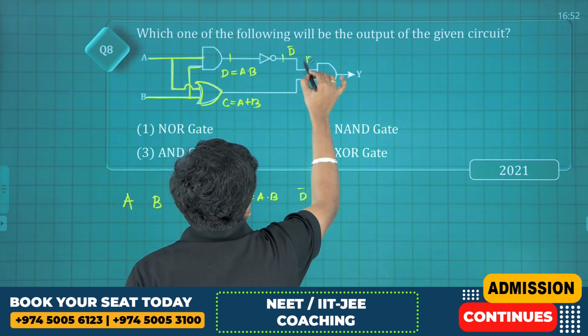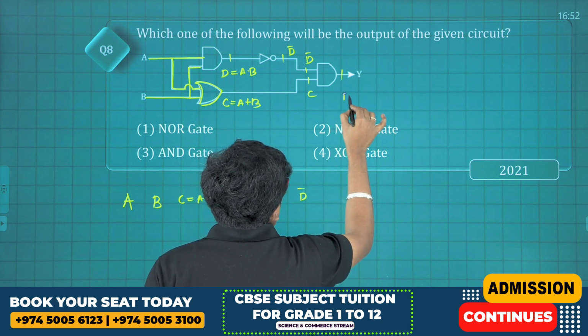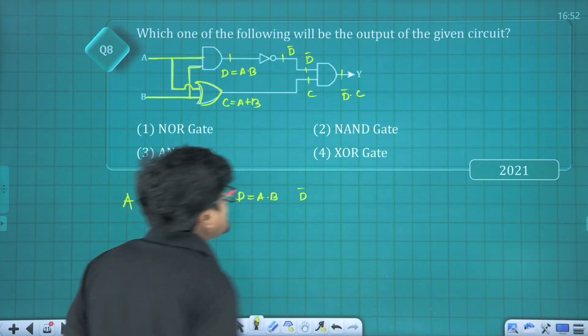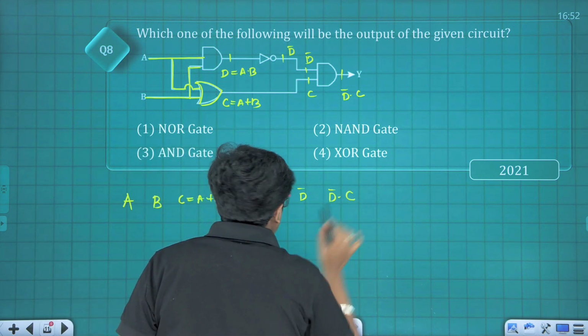Here this is D dash, and here this is C, and now here this is going to be D dash dot C. Okay, so it's D dash dot C.